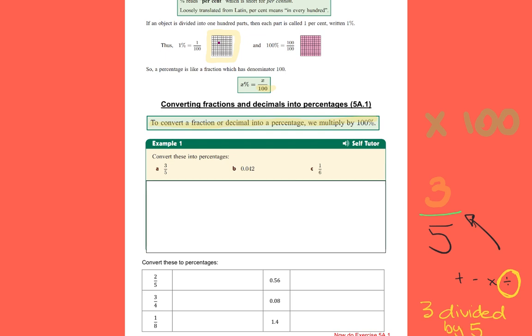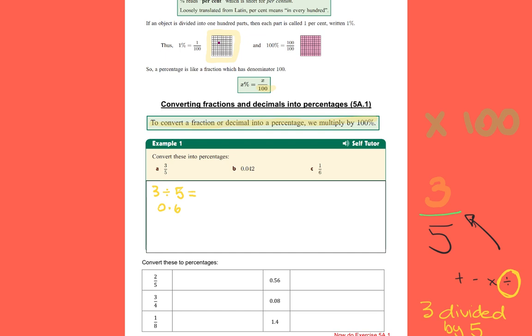So to change this into a decimal, we're going to go 3 divided by, on our calculator, 5. So have a go. 3 divided by 5. Do it with me. Equals. And you should get 0.6.